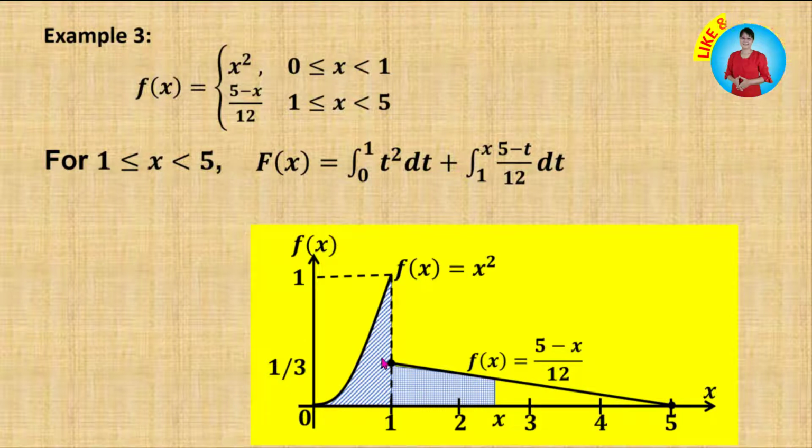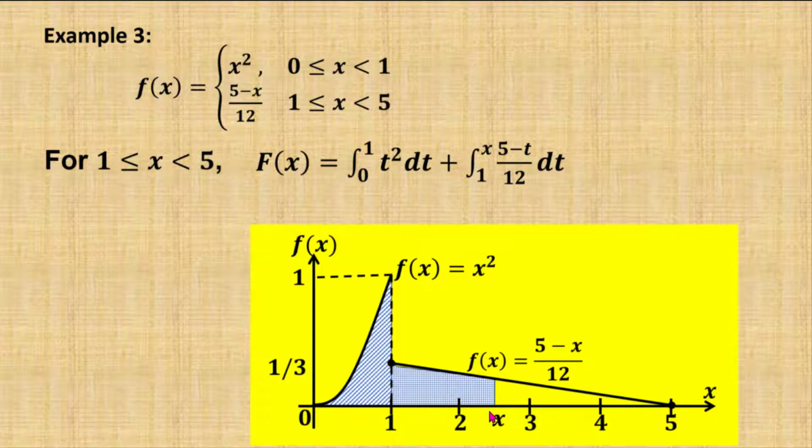For the first interval, the lower limit is 0 and the upper limit is 1. Then followed by the second interval with the lower limit 1 and the upper limit equal to the value of x.